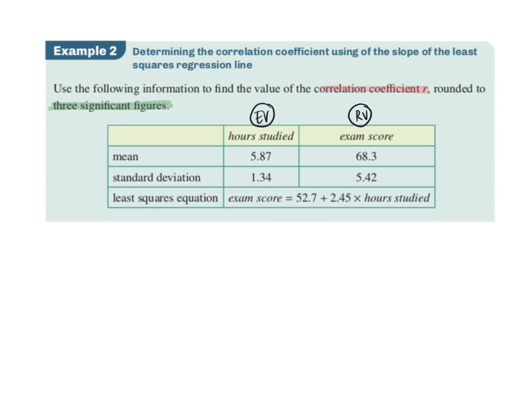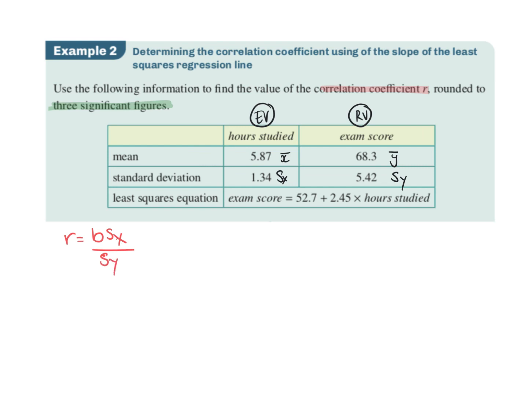So that must be mean of X, and that's mean of Y, and that's standard deviation of X and standard deviation of Y, okay? So they want me to find the correlation coefficient. I did have that formula, we saw it before, and it said R equals B times SX over SY. That's that formula.